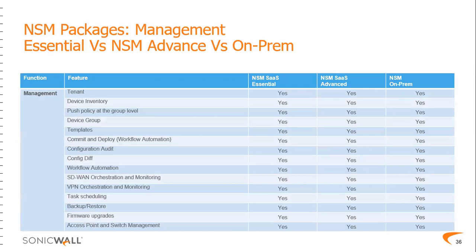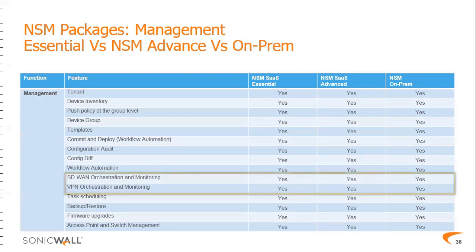For the NSM package, we have the NSM Essential, Advanced, and the NSM On-Prem. This is the management function. For these three, they do not have much difference, but they add on the SD-WAN orchestration and monitoring as well as the VPN.